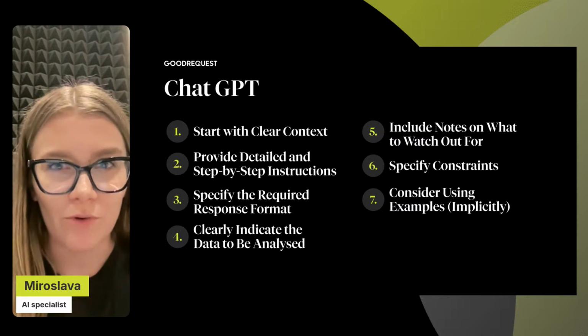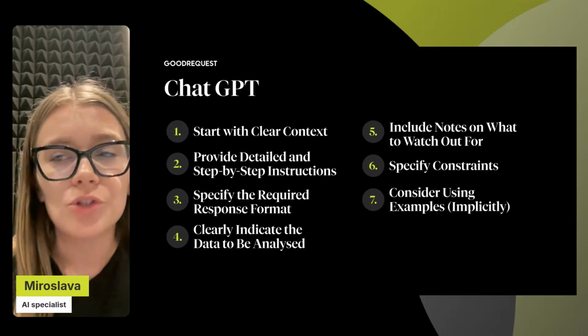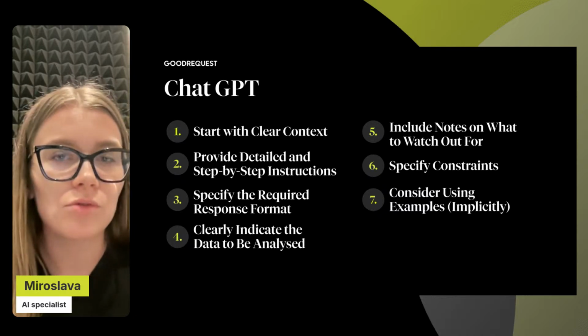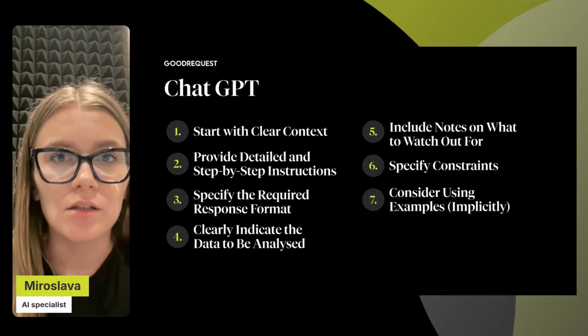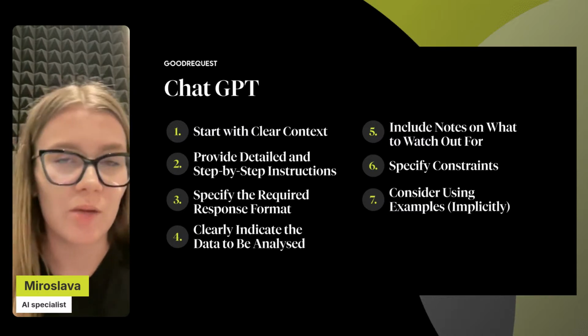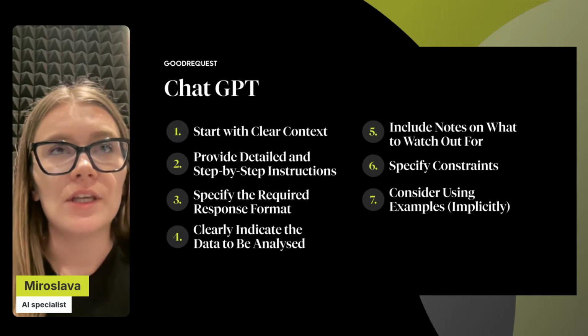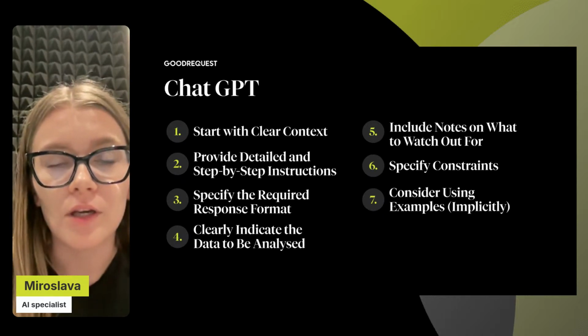and not to force it to separate the data into metrics you prepared before. So let's say I want to analyze the reviews on, let's say, the hands-free dog leashes that I am selling. The most effective way to do that is that I will start my prompt with a clear context.